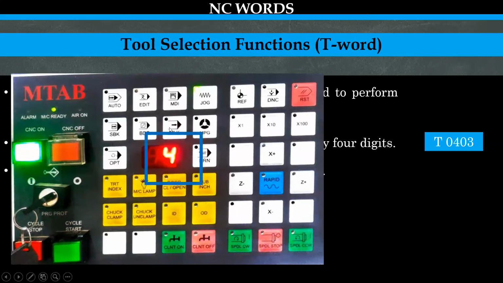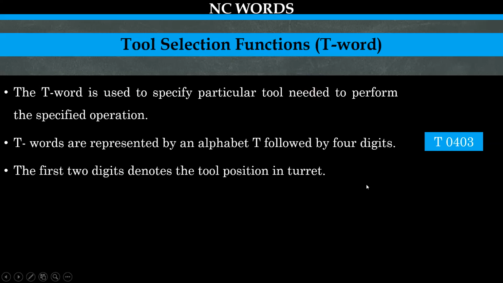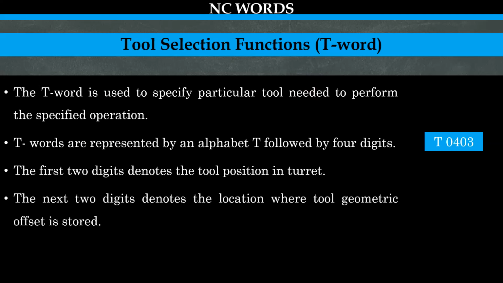Here, 4 is the tool position in the turret, so T04. The next 2 digits denote the location where the tool geometry offset is stored.